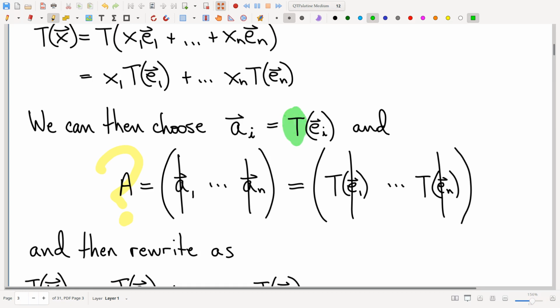Let's suppose we want to, let's say, rotate around the origin by some angle, 30 degrees counterclockwise around the origin in the plane. How do you rotate some arbitrary vector 30 degrees counterclockwise around the origin?